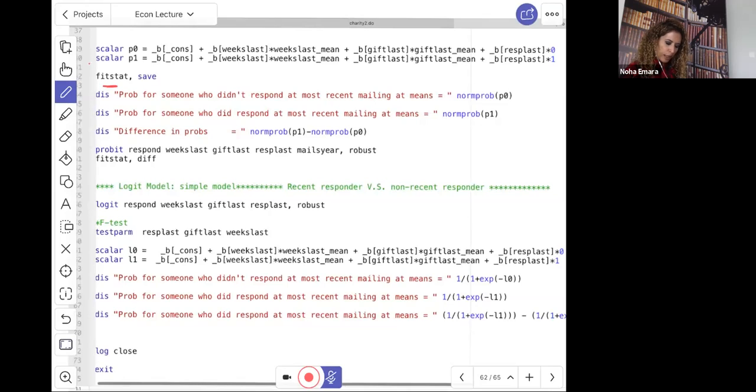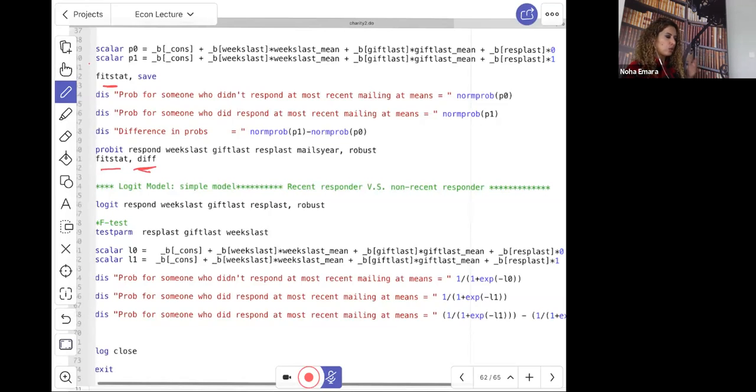Now, the fitstat difference would give you the difference between a model that has all the regressors versus a model that has just the intercept.